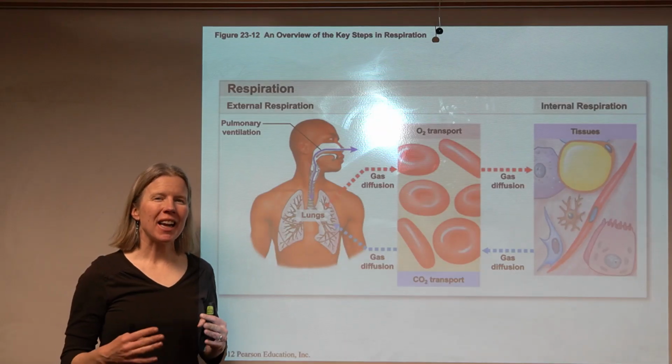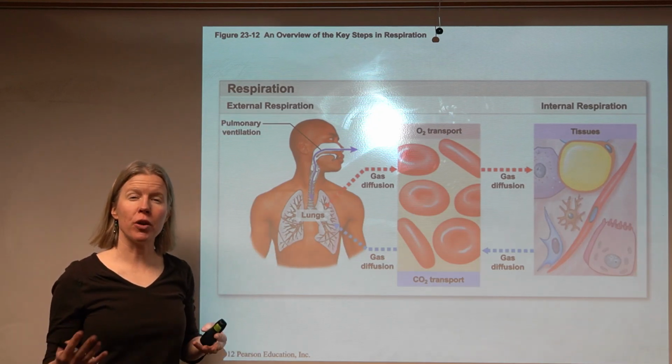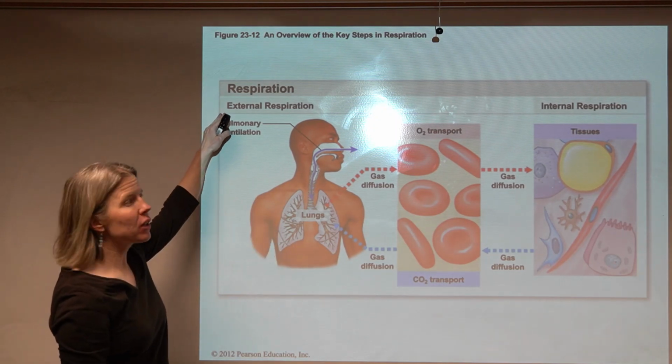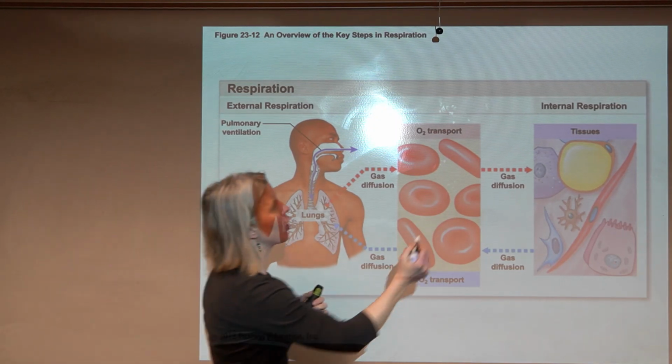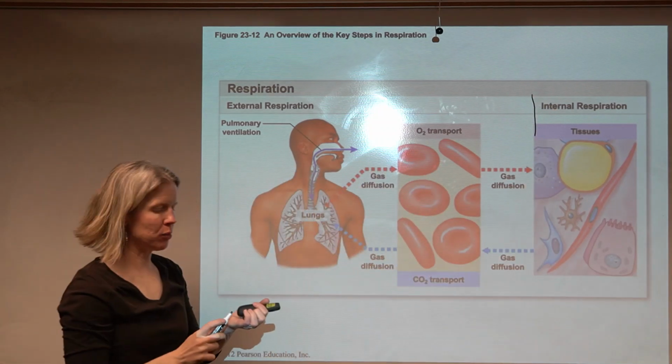So as we look at respiration, respiration can actually mean a few different things here. So what we do is we separate this into external respiration, and this line's kind of hard to see for you, but internal respiration.